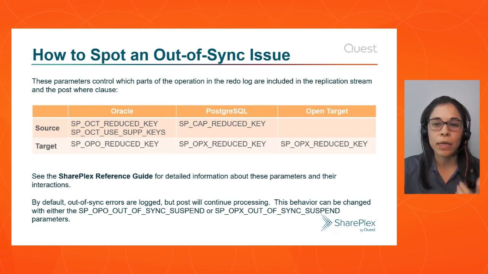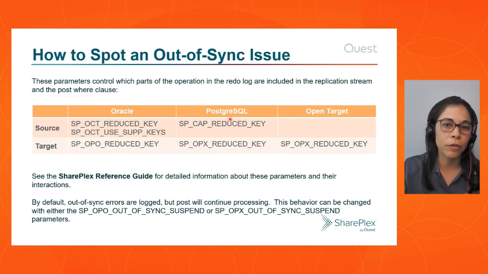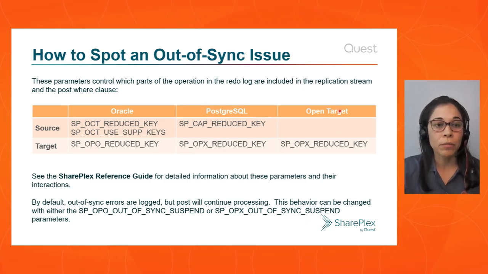So you can include the key values, the before and after values, or the modified columns during the operations. Here you can see the parameters that I mentioned for Oracle, for Postgres, and for open targets on source and target system. This reduce key parameter, as you see here, will allow you to include all data that Oracle writes to the redo log.